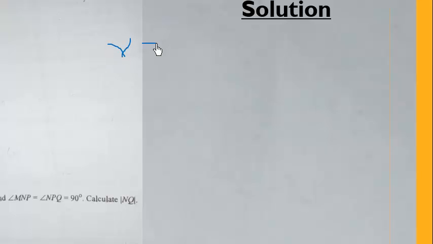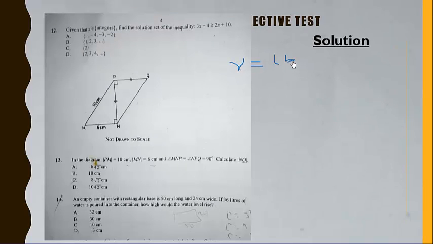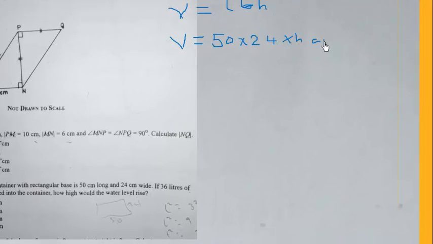Question 14 is asking us to find a rise in water level, and we know that will be the height of the container. So we know the volume is 36 liters, but we know the volume is given by 50 centimeters by 24 centimeters times the height, that is in centimeter cube. So we need to convert the 36 liters to centimeter cube, or we convert the 1200 centimeter cube to liters.